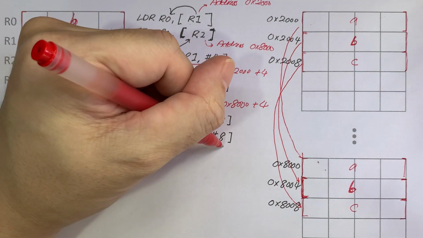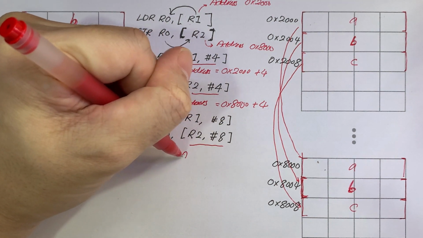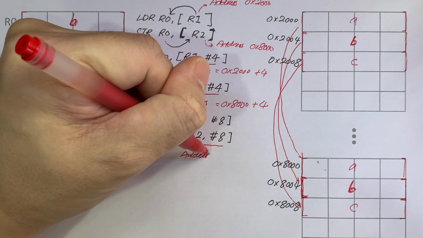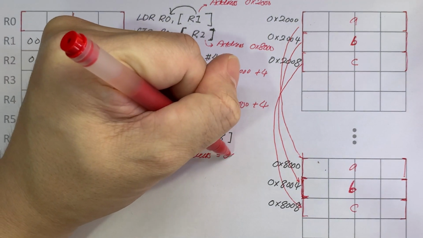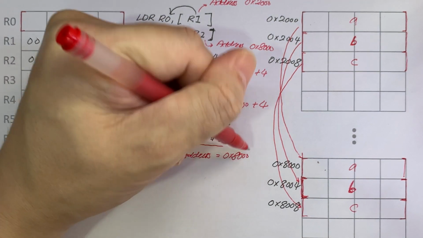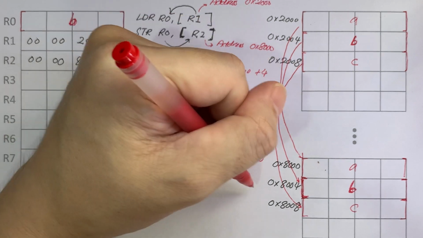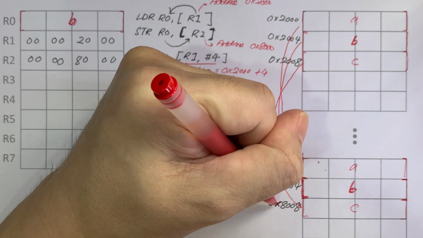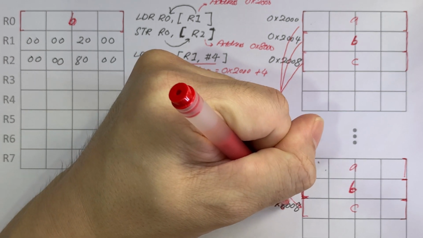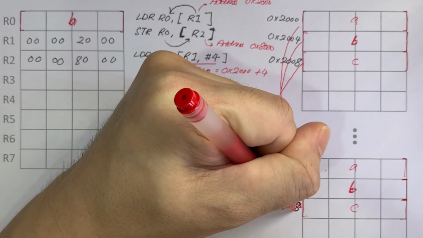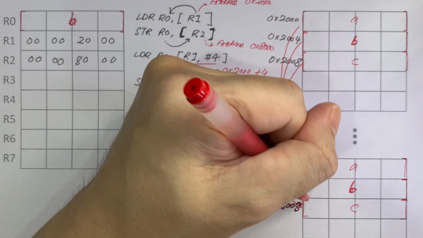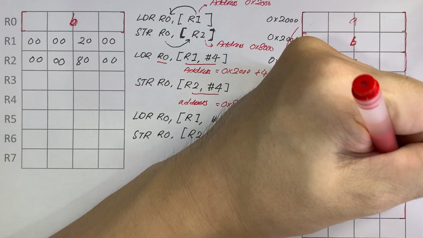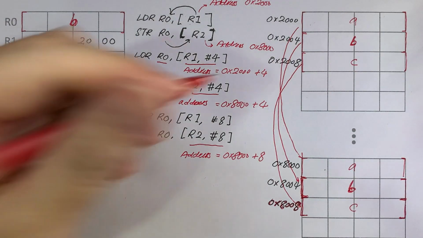So basically you could see the new address will be 8000 plus 8, which is 0x8008. That's what you can find in this location, and the C.